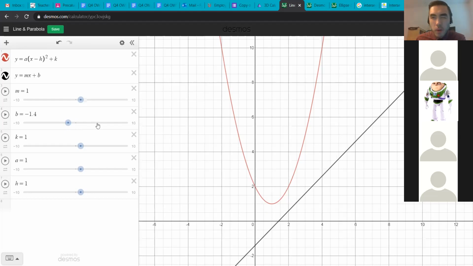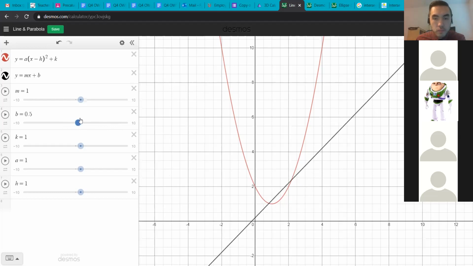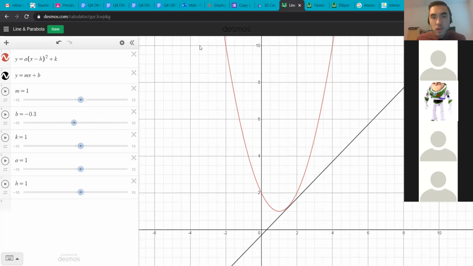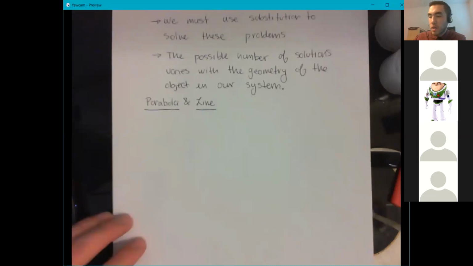Are there any other possibilities that I didn't cover? Nope, I think that's about it. So when it comes to the equation of a parabola and a line, our possibilities are 2 solutions, 1 solution, or no solution. And the best way to check which one it's going to be is by graphing. So just take a quick sketch of those possibilities.